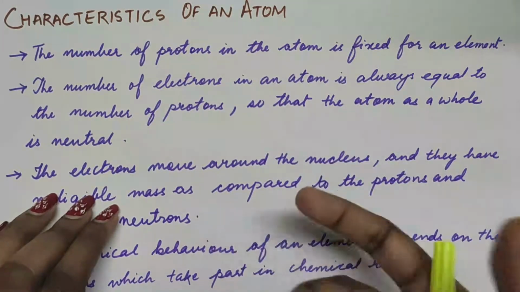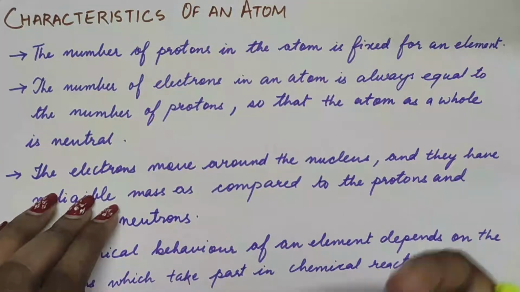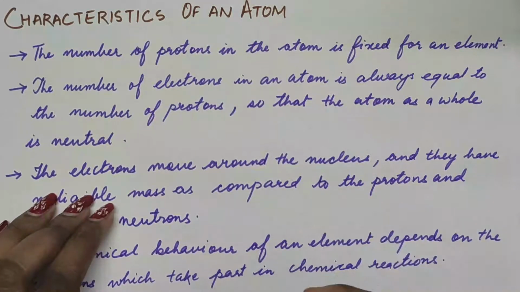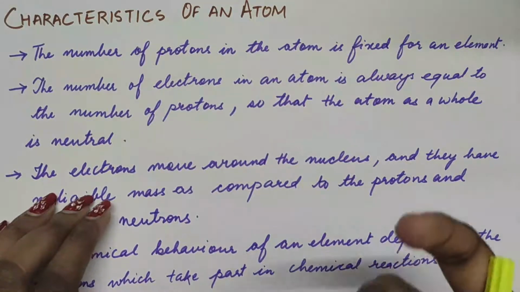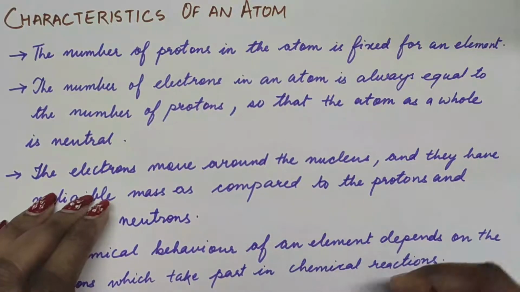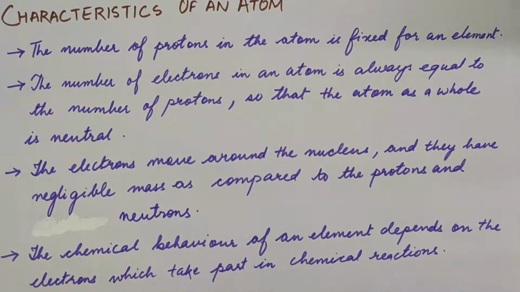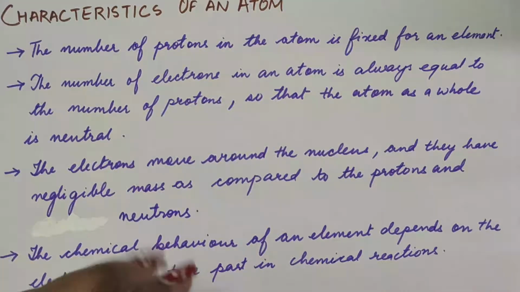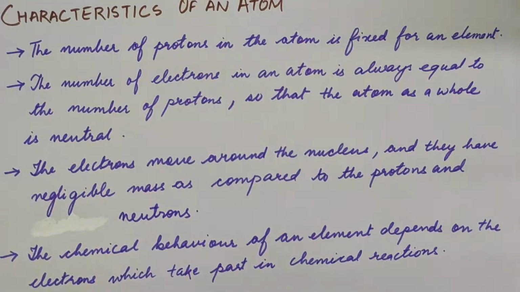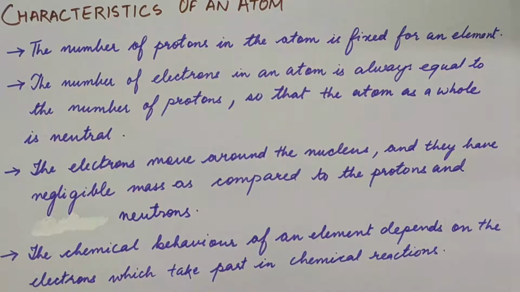The mass of an atom is actually because of the mass of the protons and neutrons, because the electrons have very little mass. The next point is that the chemical behavior of an element depends upon the electrons which take part in a chemical reaction. So the behavior of an element is because of the presence of the electrons.